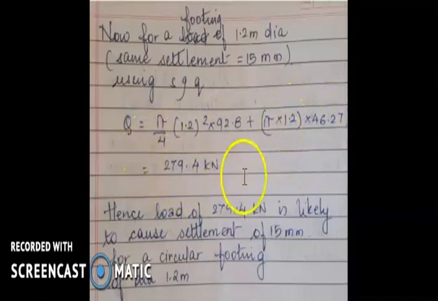You get the load that the footing has to be subjected to. So hence the load of 279.4 kilonewton is likely to cause the settlement of 15 mm for a circular footing of diameter 1.2 meters. This is your final statement.